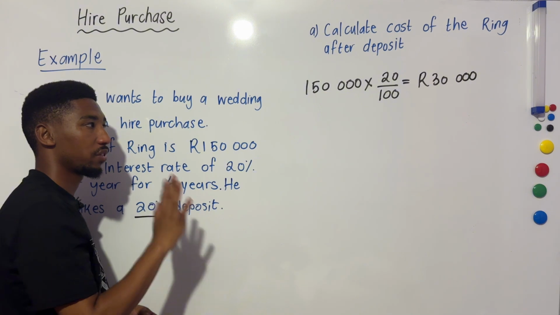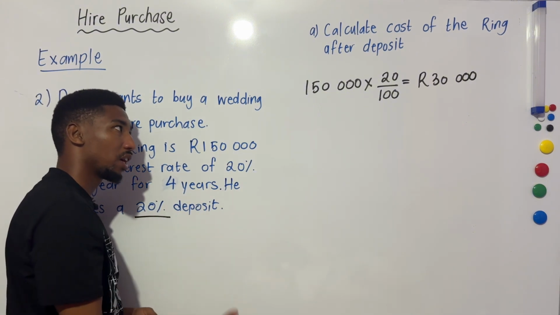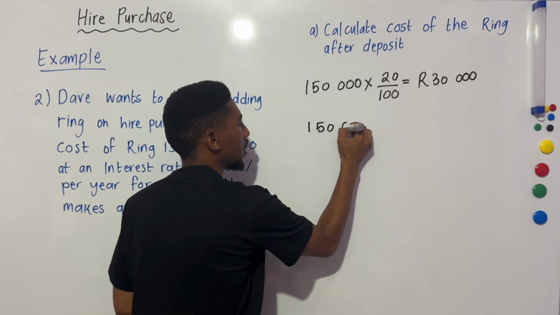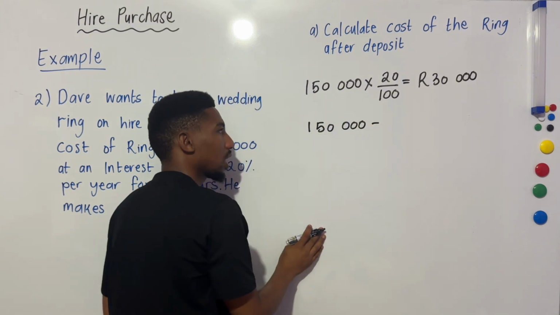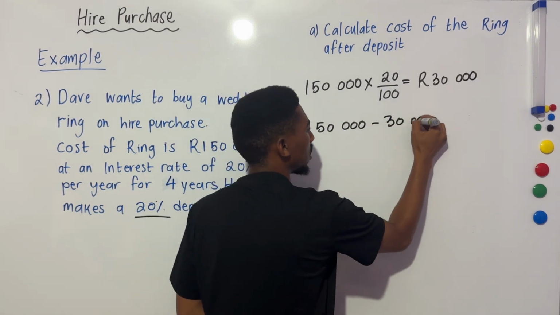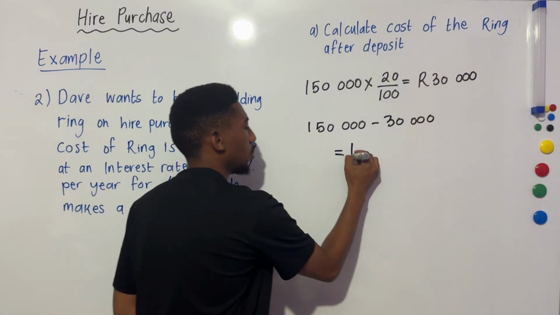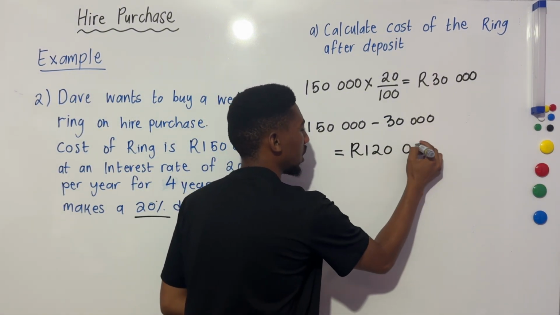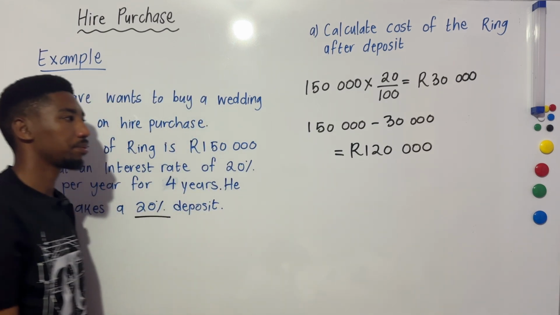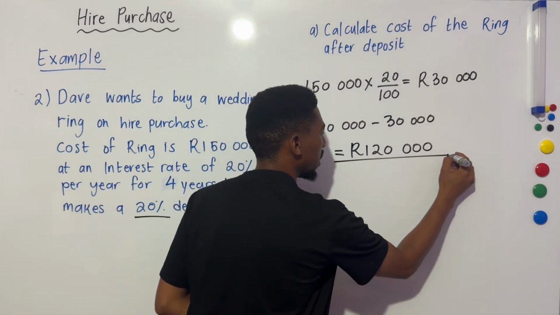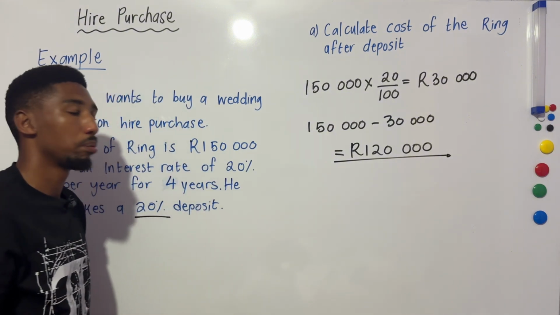But what is the cost of the ring after Dave pays that 30,000? So I take my 150,000 and I subtract 30,000 from that amount, and I get an answer of 120,000. Now this is the cost of the ring when he starts his hire purchase.